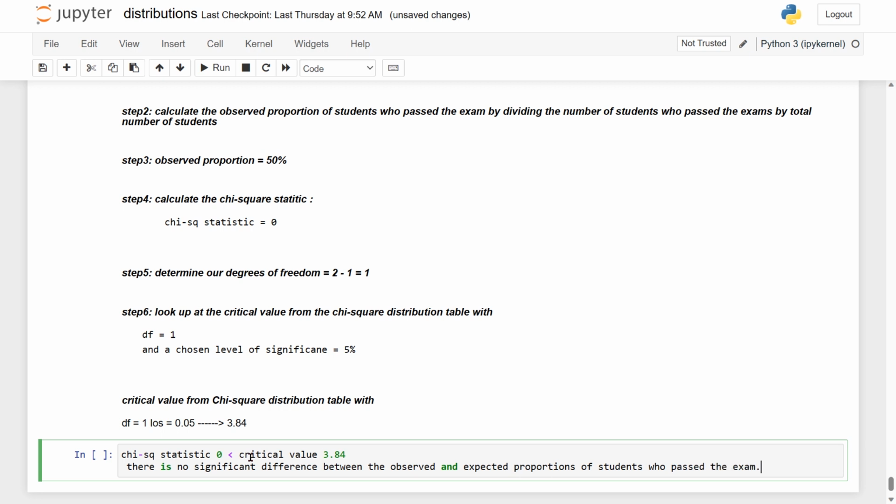So with this, we are able to accept the null hypothesis with solid support.